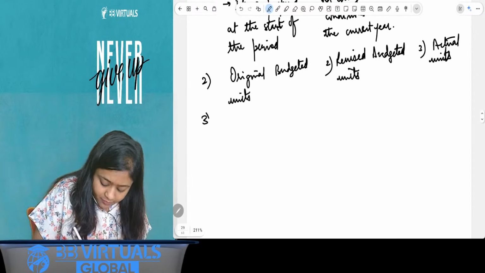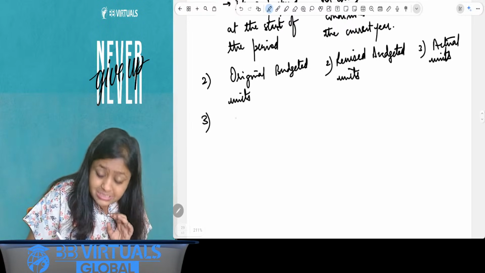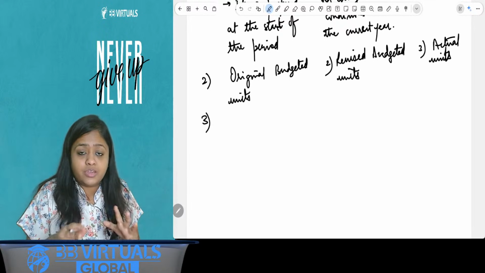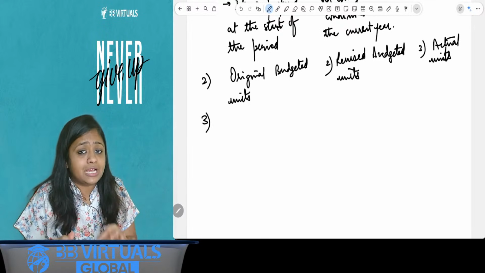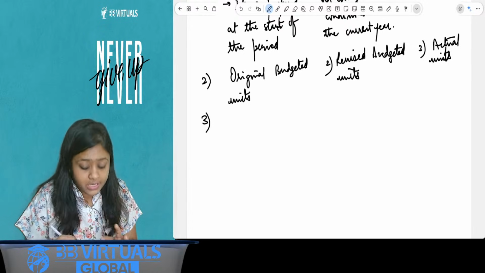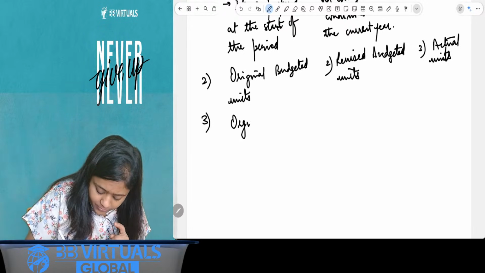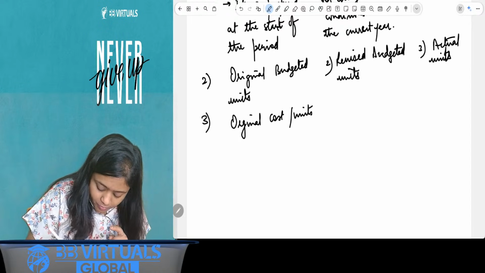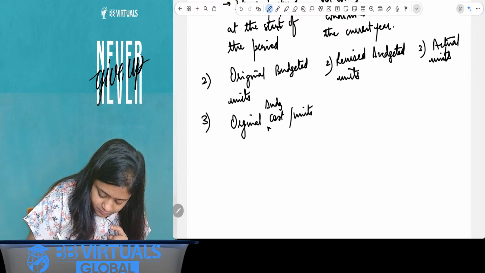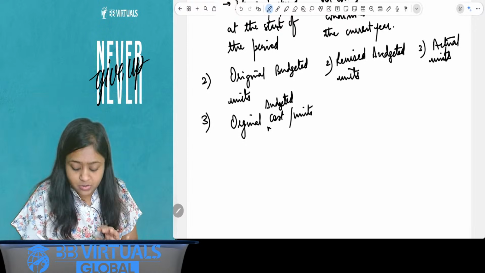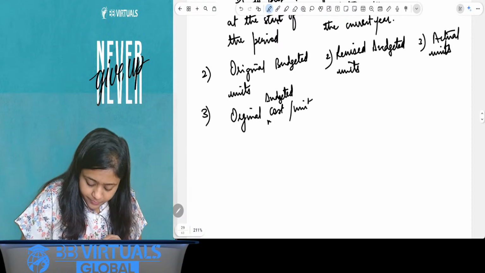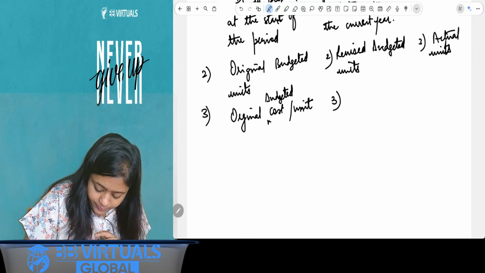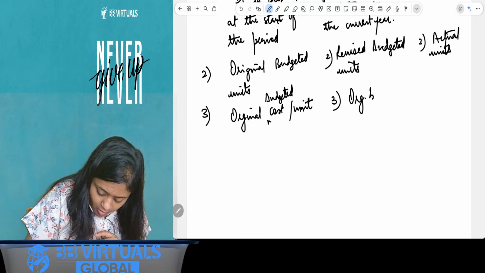Third, very important point, the cost per unit. The cost per unit or the revenue per unit, whatever you take, will be as per the original budgeted figures only. That means here you will have original budgeted cost per unit only.